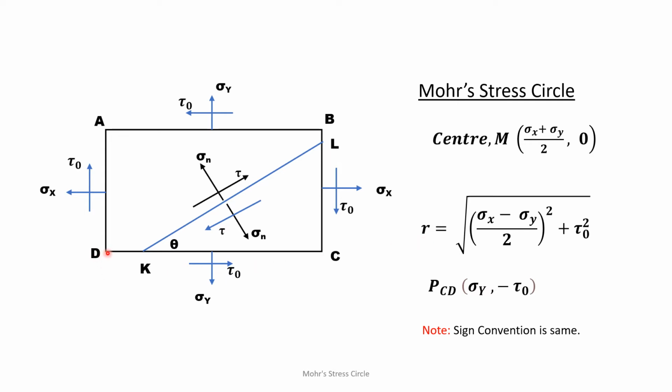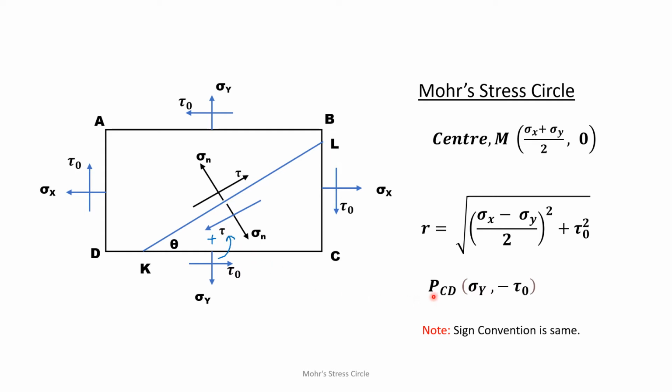Now for the horizontal plane CD, we know the stress sigma y is tensile and the shear stress is negative, because for any point inside it is making an anti-clockwise couple. According to the sign convention, if shear stress multiplied by area, the shear force, makes an anti-clockwise couple, it is taken as negative.